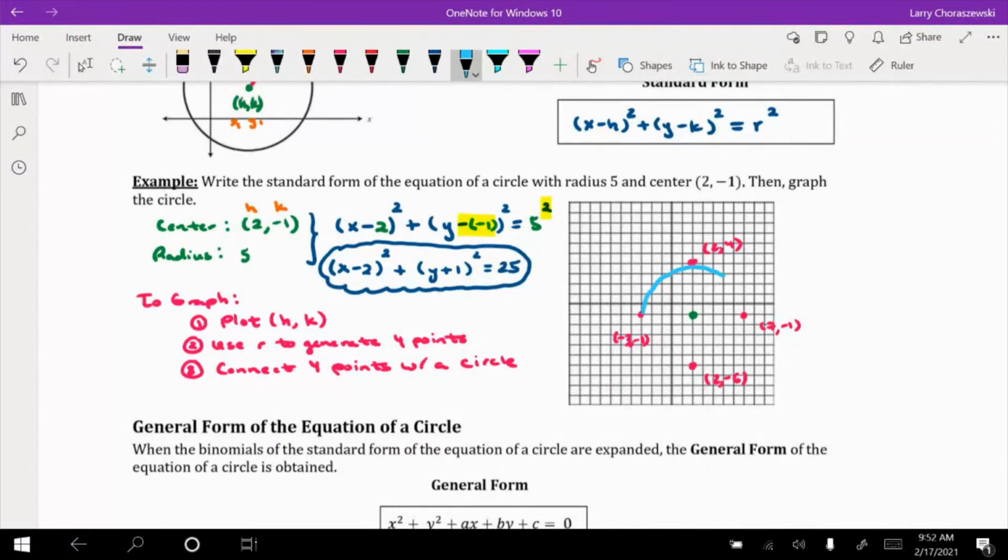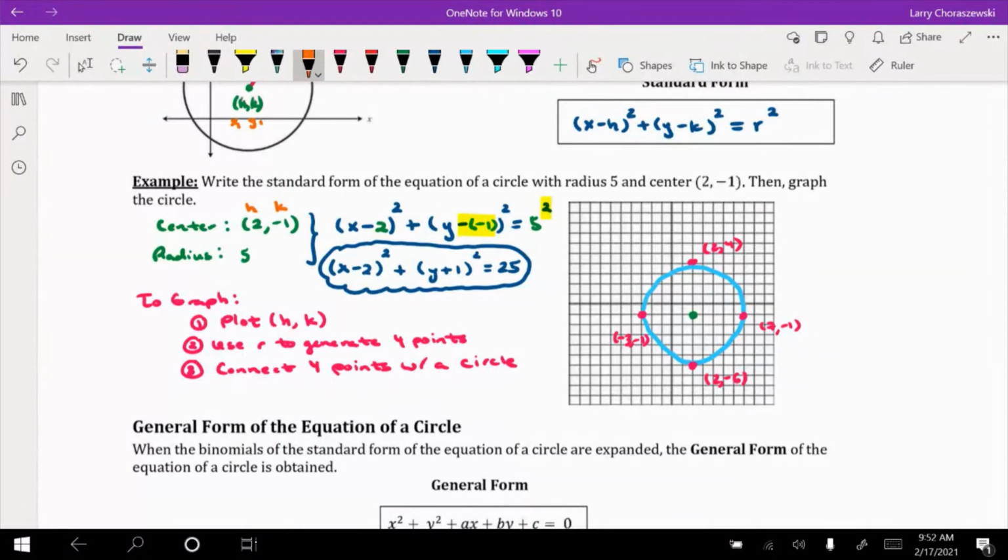So we'll go ahead and connect all these points in a circular fashion. Let me re-emphasize the 4 points that we got from our radius. And there would be our graph.